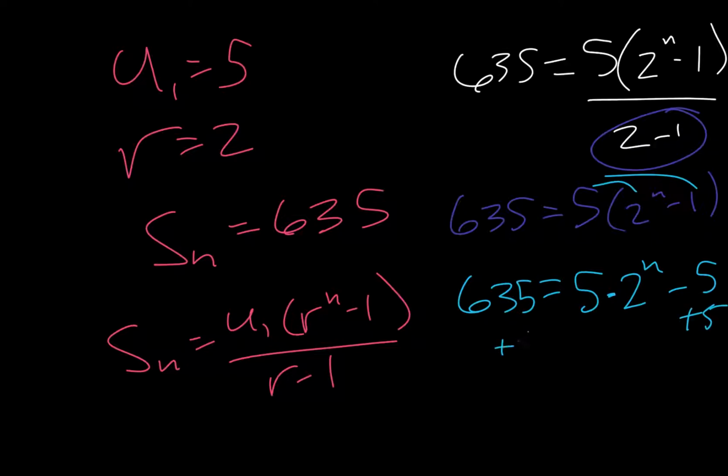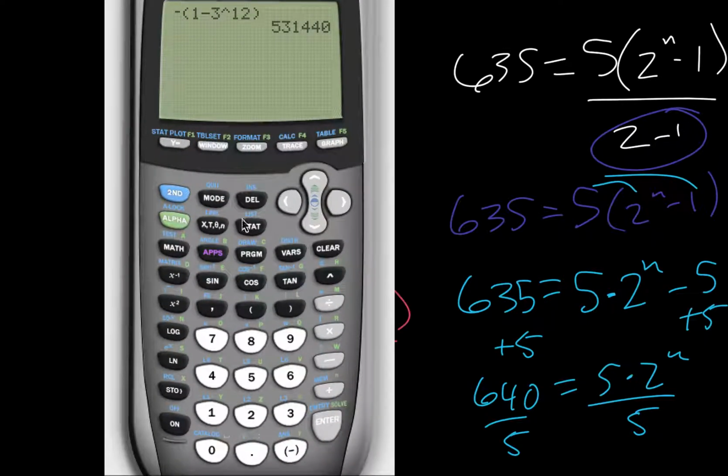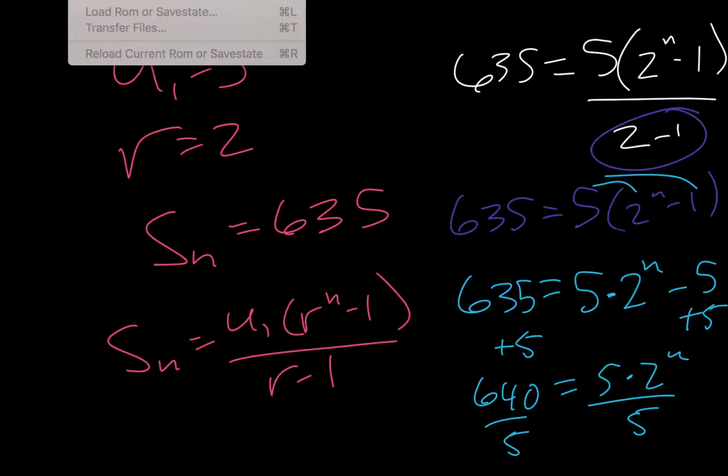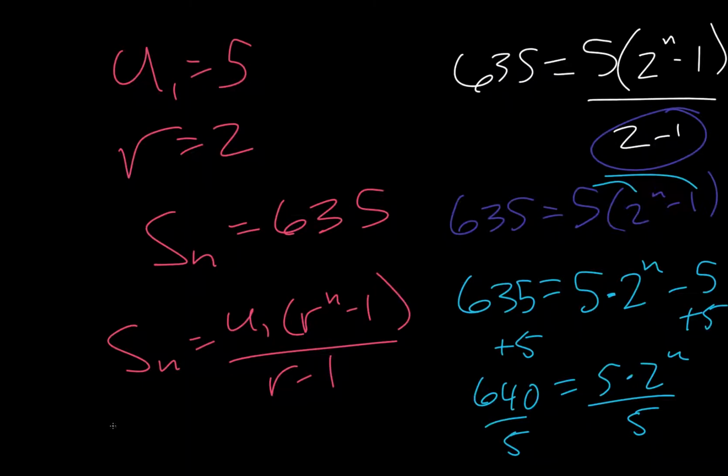Add 5, 640. Divide by 5, divide by 5, so 640 divided by 5, 128. So we get 128 equals 2 to the n.